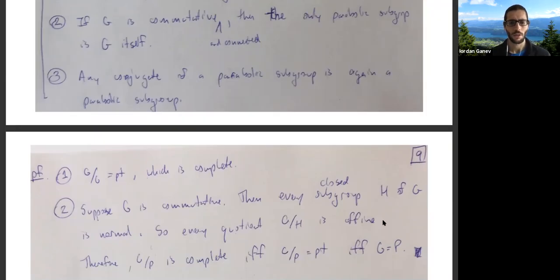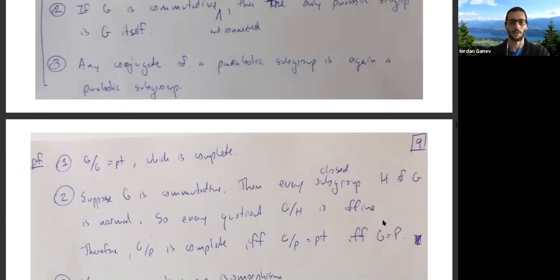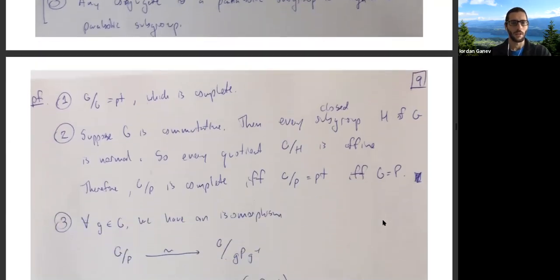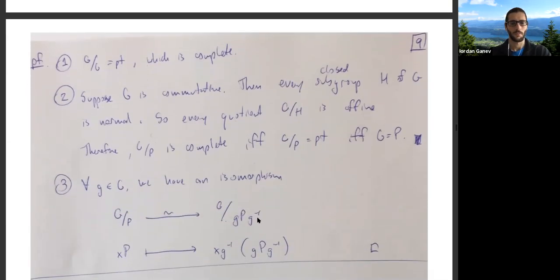And so this quotient is complete if and only if it is both affine and complete, and that only happens if it's a point. So the parabolic is all of G. And for the third part, you can just write an explicit isomorphism between G mod P and G mod any conjugate of P.